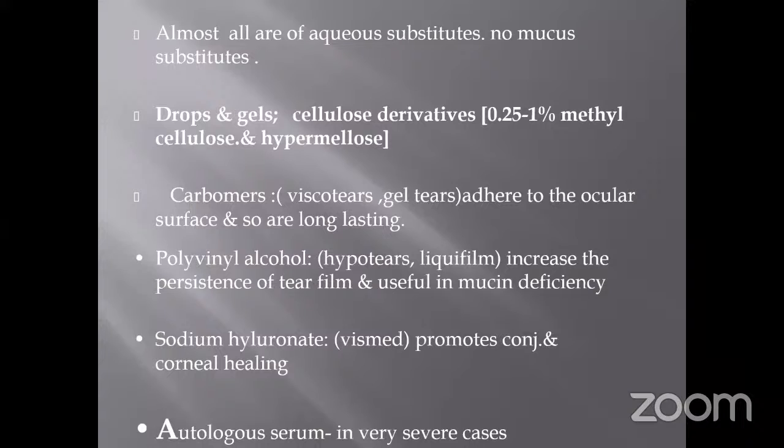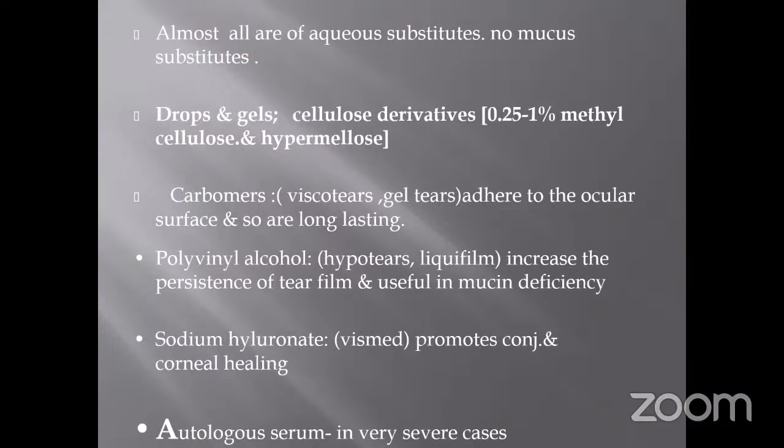Polyvinyl alcohol is useful in mucin deficiency, and it increases the persistence of the tear film. Sodium hyaluronate promotes conjunctival and corneal healing. Usually in patients with corneal abrasion and other healing conditions we give sodium hyaluronate.